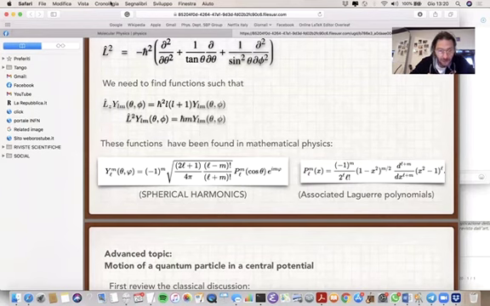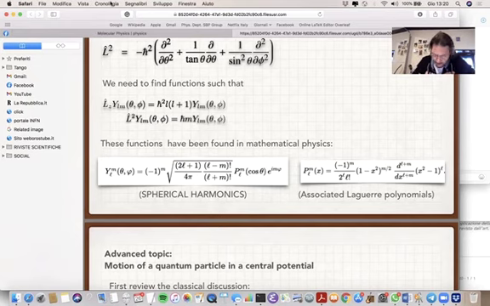I get Y11(theta, phi) is equal to minus 1 to the 1, which is minus 1. I'm going to show you the result in a minute. So I'm just going to write 2 plus 1 is actually 3, 4 pi, 1 minus 1 is 0 factorial, then it's 1 over 2 to the 1, factorial 2.